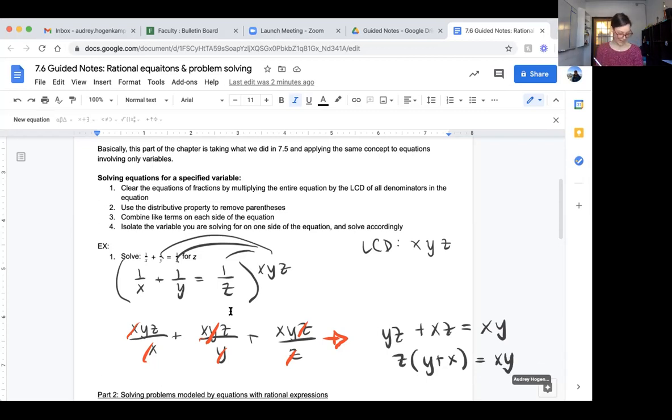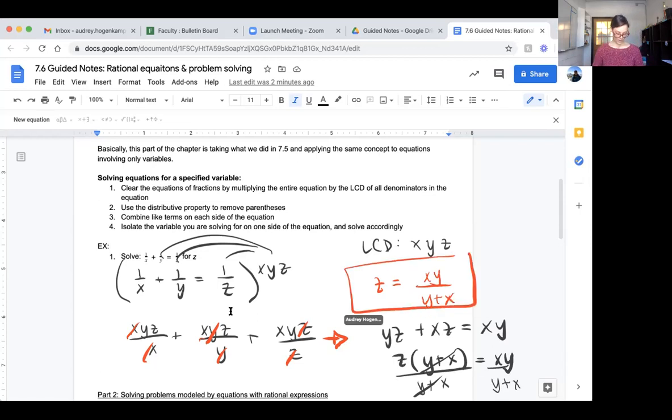And now that that z is isolated, I can go ahead and just divide by what I have left, y plus x. And then I know that I'm going to get z is equal to xy over y plus x.